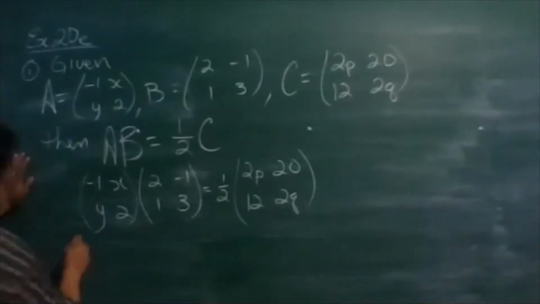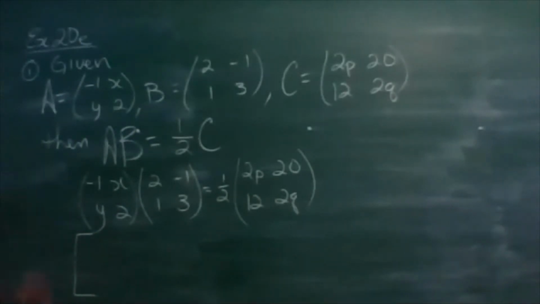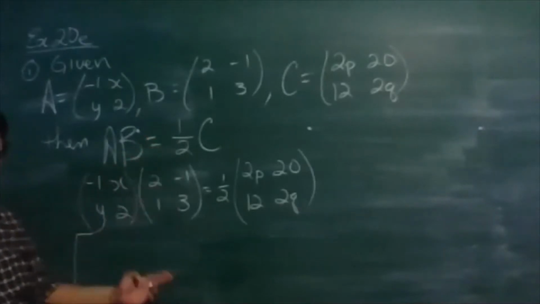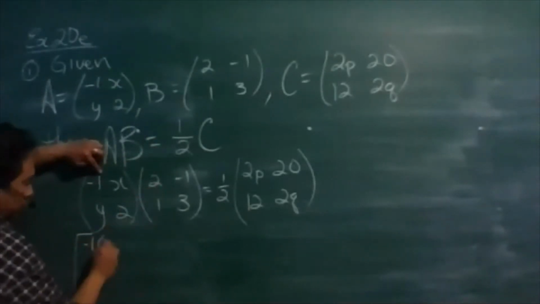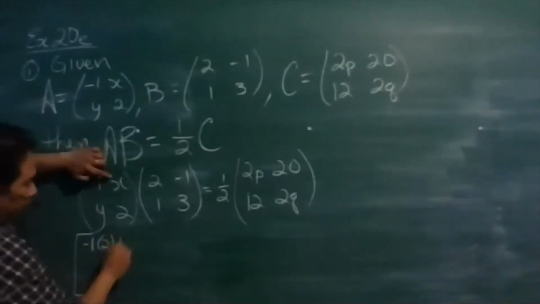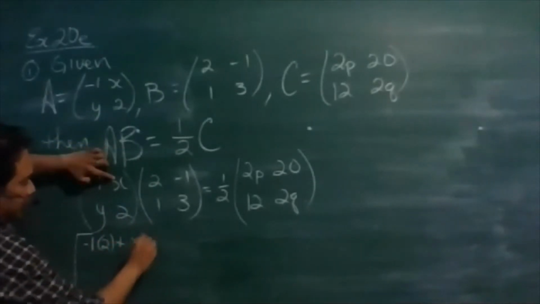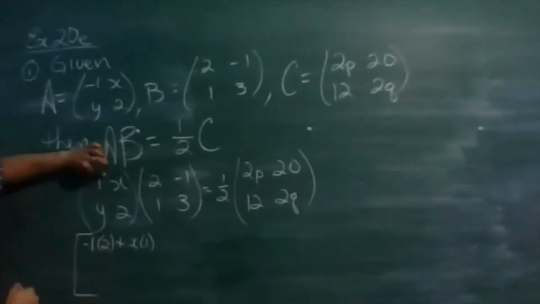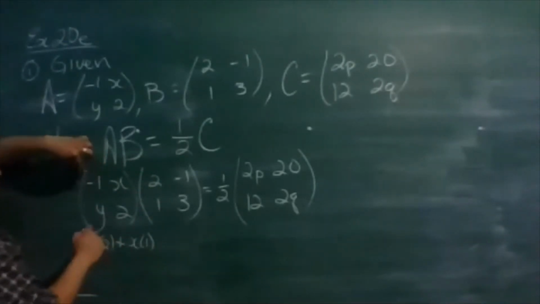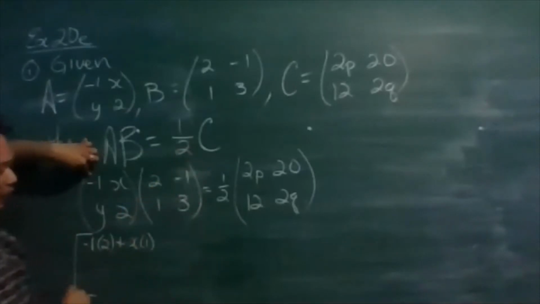So let us do a little revision of how we matrix multiply. So remember, in matrix multiplication, we multiply row by column. So we'll see negative 1 times 2 plus x times 1. So first row, first column. Then the next one, first row, second column.